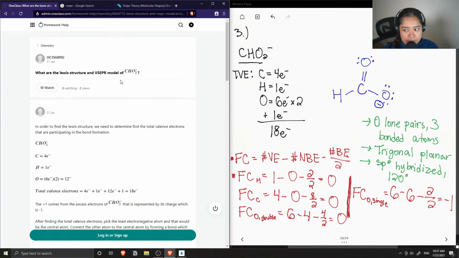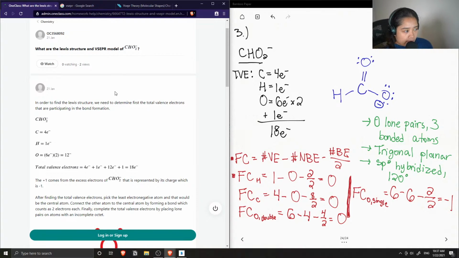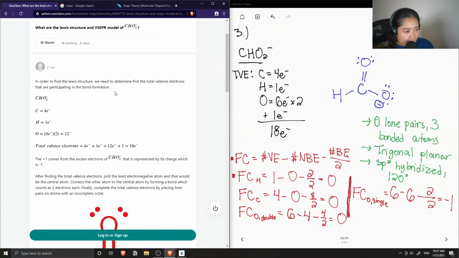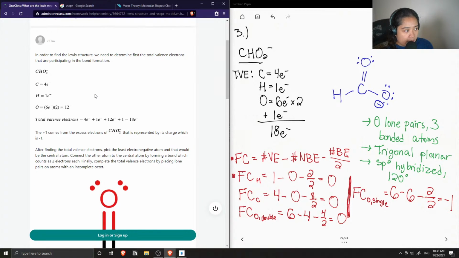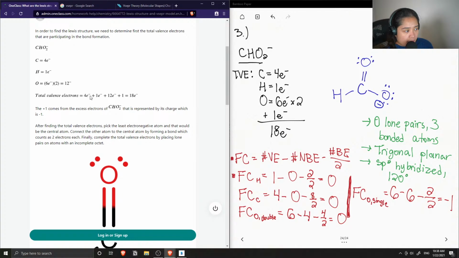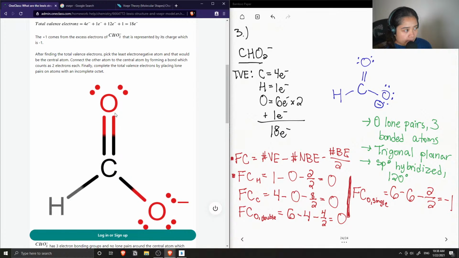Okay, so now let's see what the junior tutor said. In order to find the Lewis structure, we need to determine first the total valence electrons that are participating in the bond formation. So they also got 18. The additional electron comes from the excess from the ion that is represented by its charge, which is -1. After finding the total valence electrons, pick the least electronegative atom.